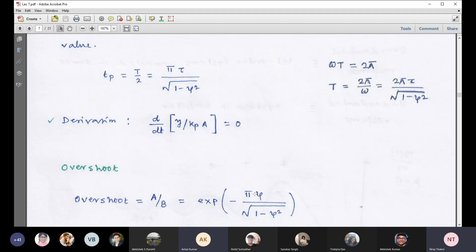I didn't make trigonometric. I just equated it to 0. Like the answer will be T upon 2. So you considered Tp as T by 2 and substituted it in the main equation. Okay. Back calculation you were doing. Okay, fine, no problem. You try later, I think, to get this equation. Okay, sir.